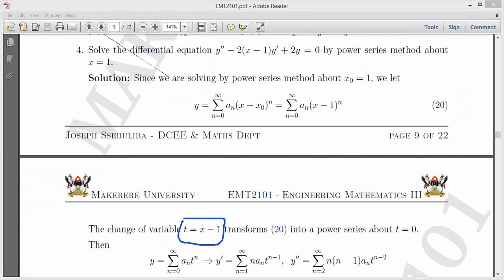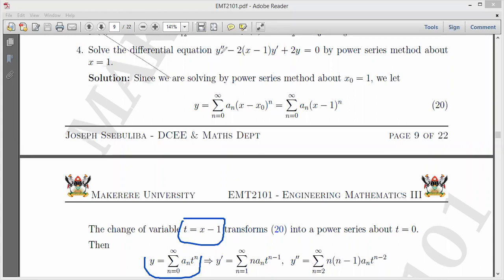Then once we have that, we have y, which is a sum. You can see this one here. Then we differentiate this one twice. That is n t to the n minus 1. The n must run from 1 for this not to go to 0. Then this one, the same story, x has become t. N must run from 2 to avoid this thing going to 0.